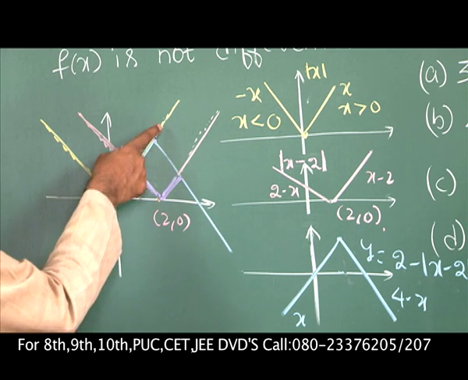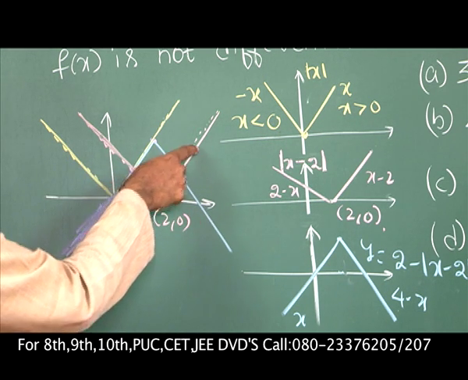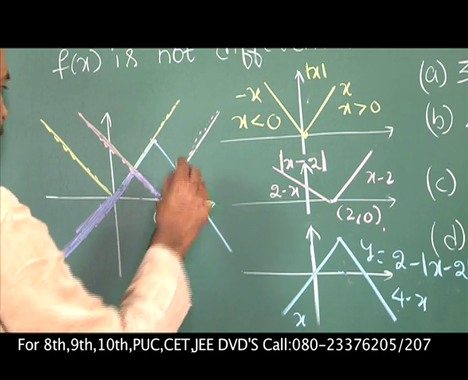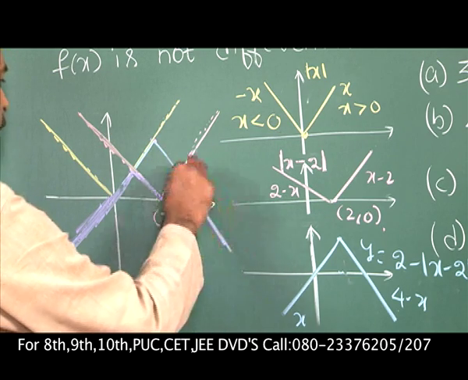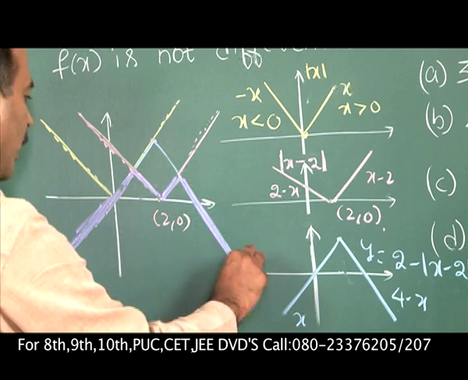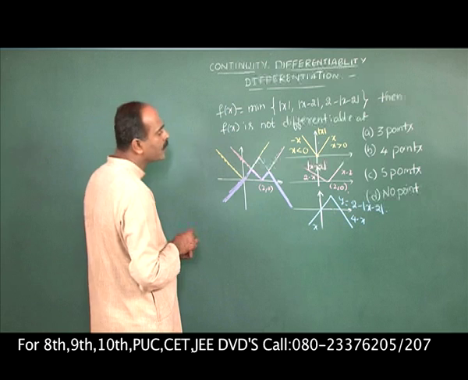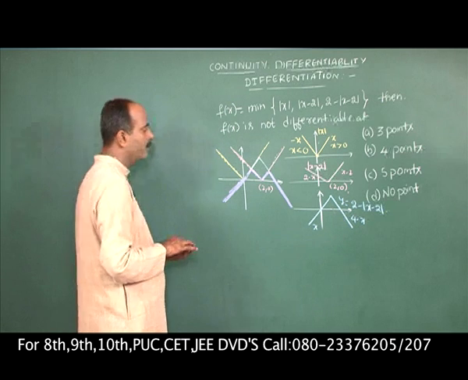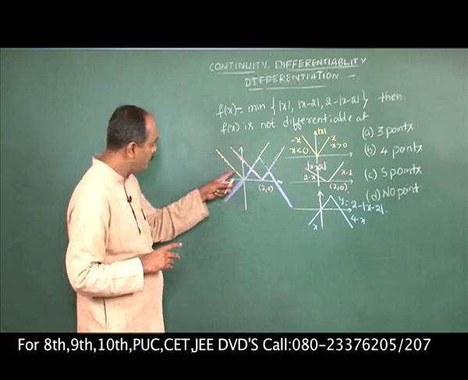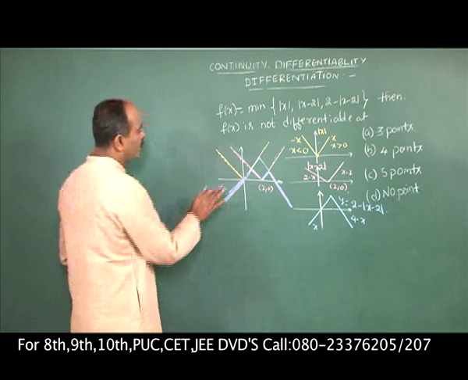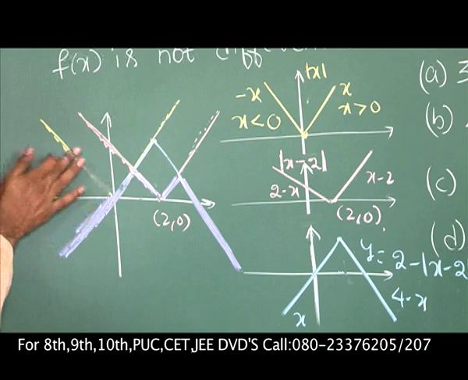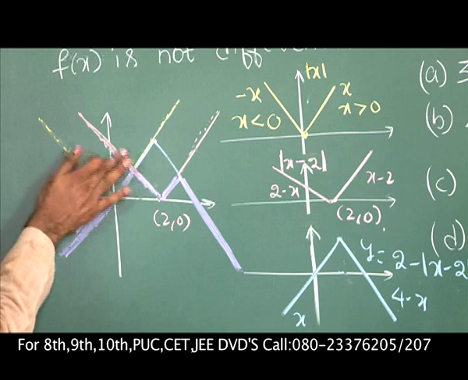And now, between this and this yellow color line, that is y = |x|, this is the minimum. So, the graph must be clearly like this. So, at how many points it is not differentiable is the question. You can see here, whatever is minimum, let us retain. Whatever is not there, let us erase it, or we will make these lines dull.